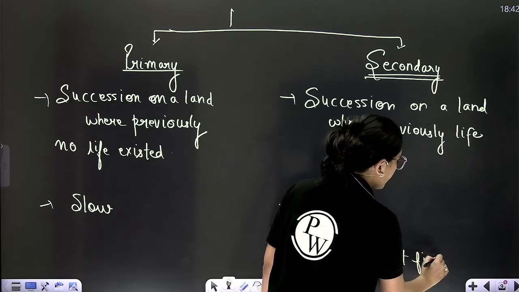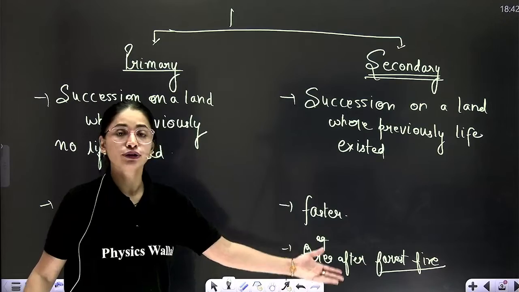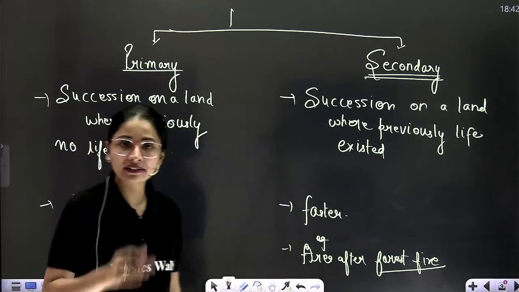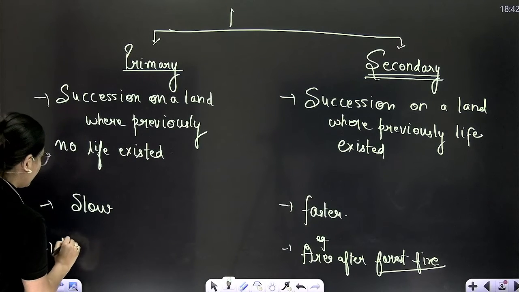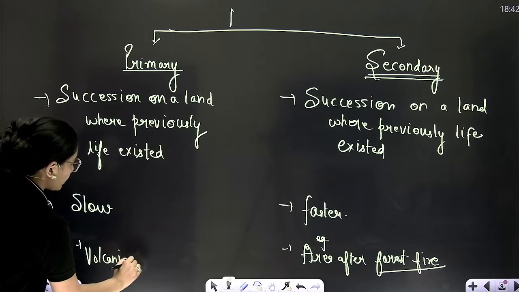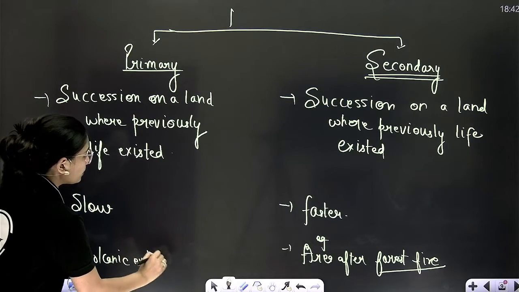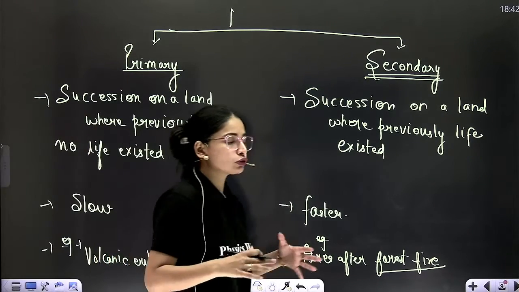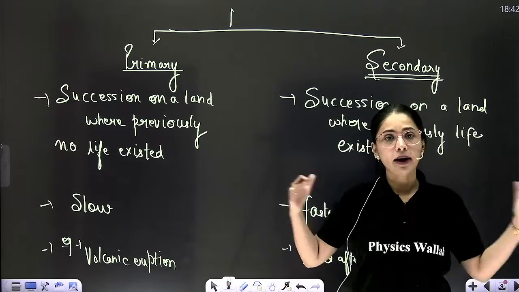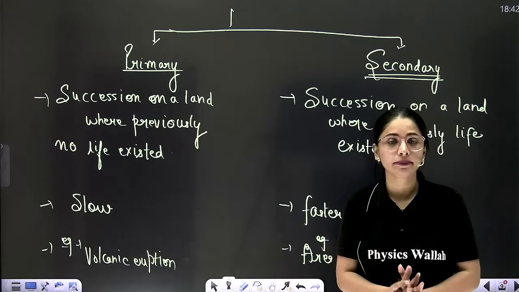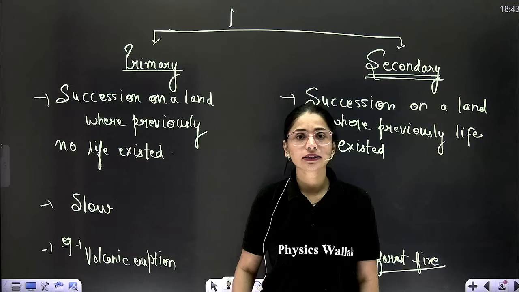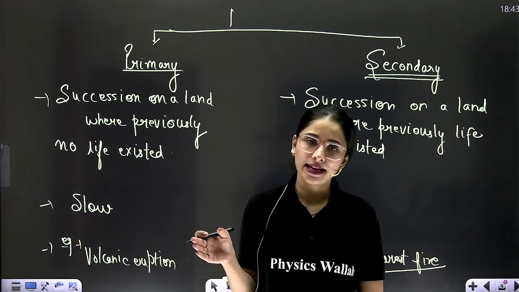On that land already life existed, but now due to forest fire life got ended and succession is going to happen there again. But an area which is developed after a volcanic eruption: when a volcano erupts, lava will come out. That lava will cool down to form new rock. So that area is completely new. If succession starts on that newly formed rock due to volcanic eruption, then it will be considered primary succession, right?